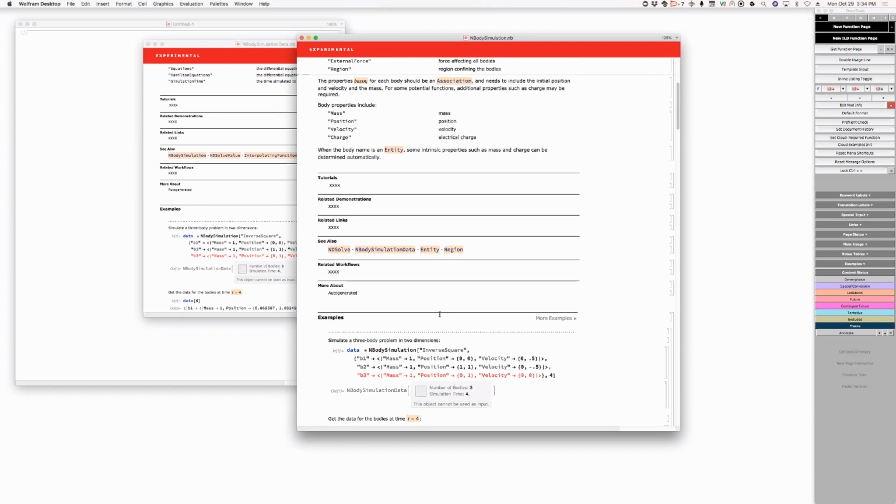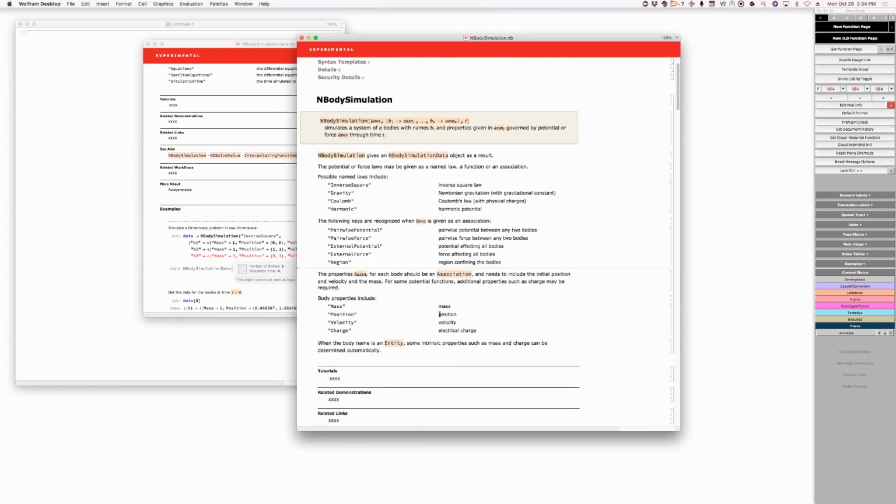So I need to write that down. It's basically you give a function where you use the body properties in the body of the function, and the arguments are the two bodies.